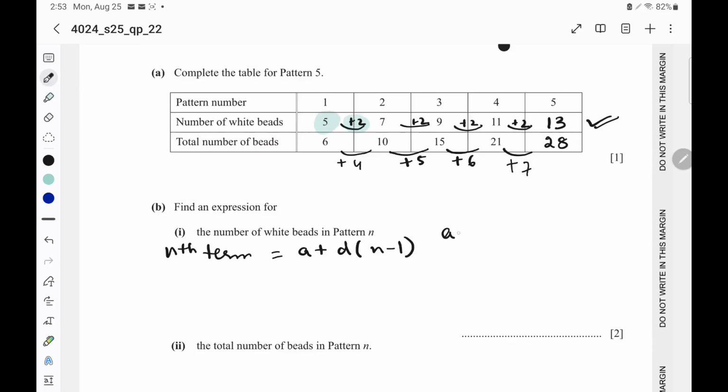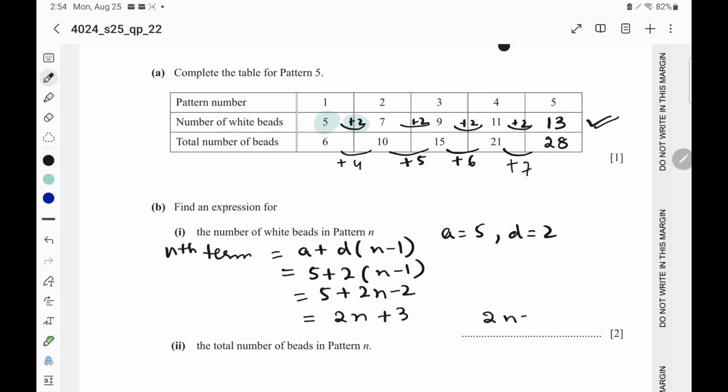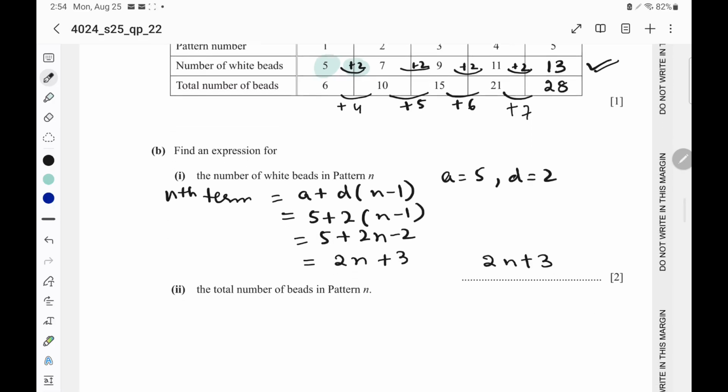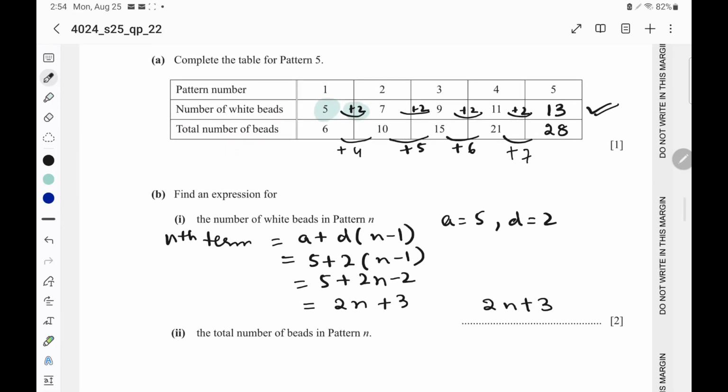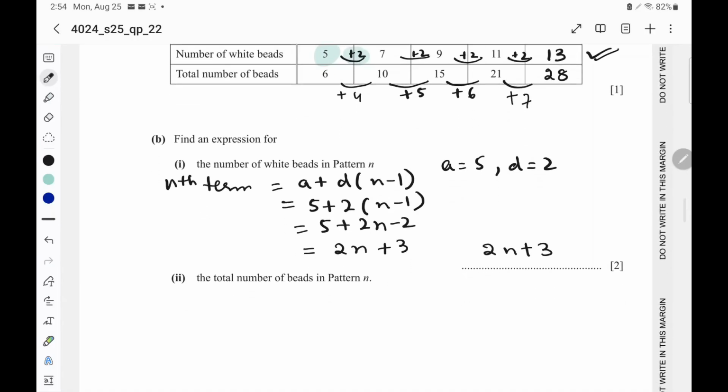So a is 5 and d is 2. Okay, 5 plus 2 times (n minus 1), 5 plus 2n minus 2, and 5 minus 2 is plus 3, so 2n plus 3. If you put in place of n 1, then you will get 5. In place of n 2, then you will get 7. So you can check your work as well.